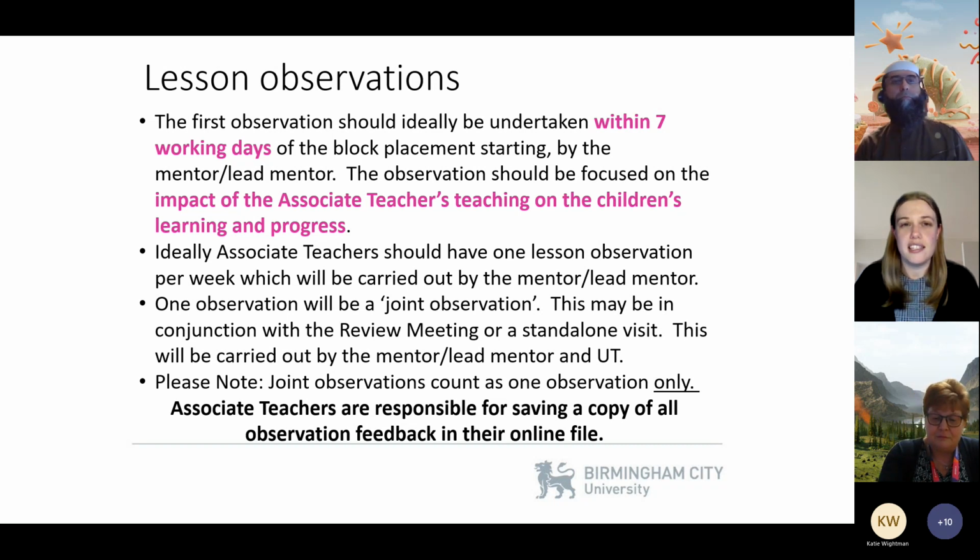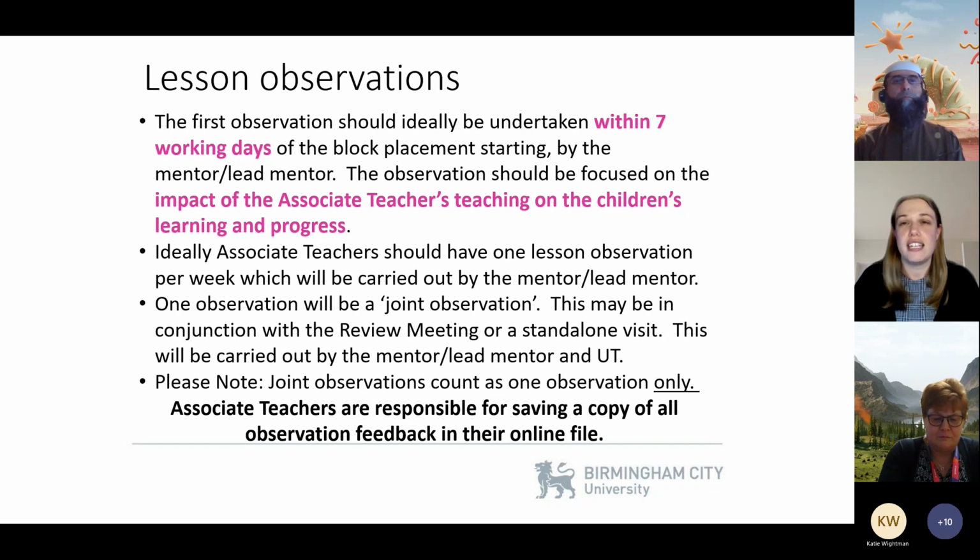We do explain to the associate teachers that even though that means there's more than one person observing them, that still only counts as one observation. Because they do sometimes like to say that that would be 2 observations, but it's not. That just counts as the one.